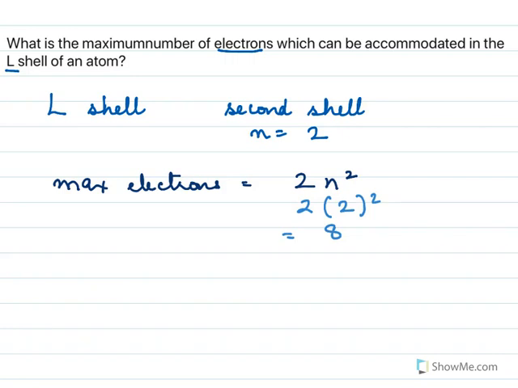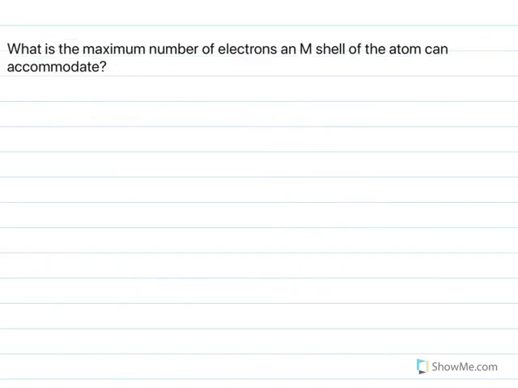So the maximum electrons in L shell is equal to 8.